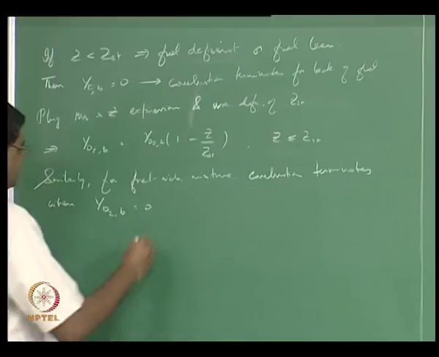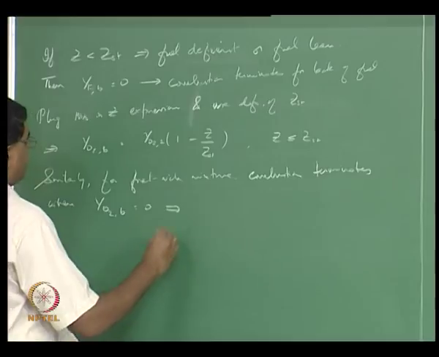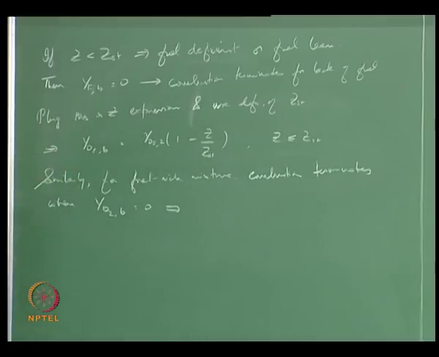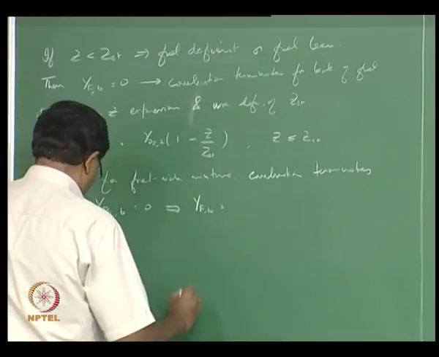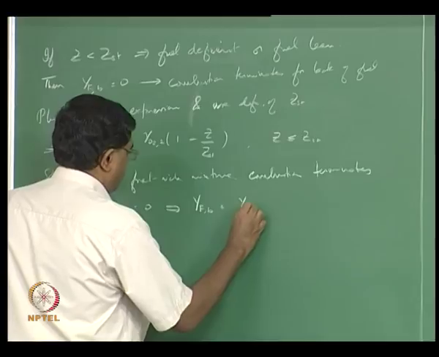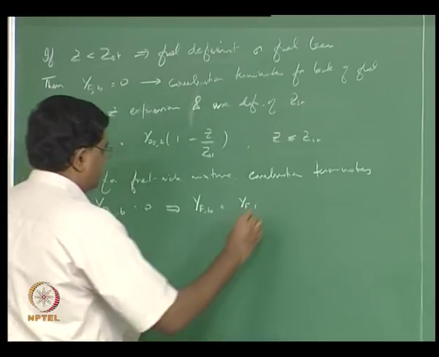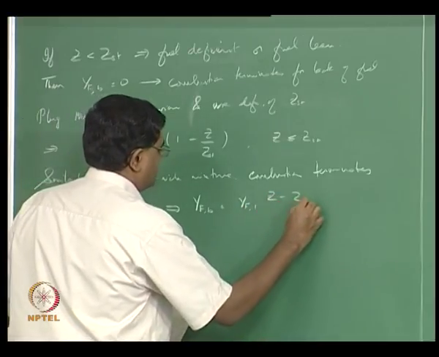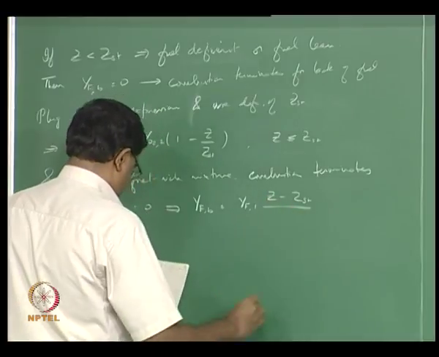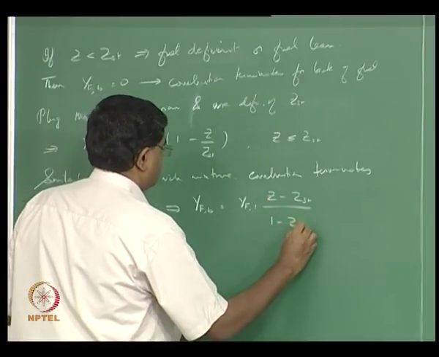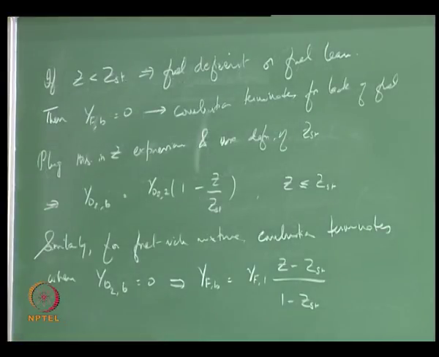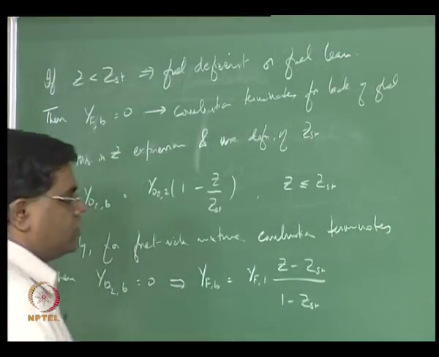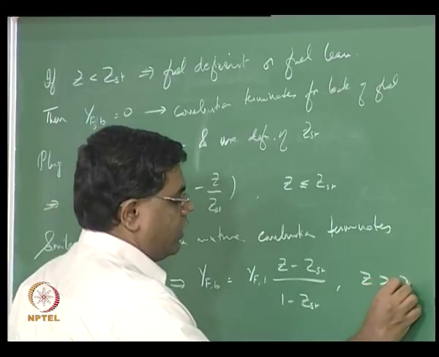So you now plug this in the expression for Z and rewrite for YFB. You now get an expression YF comma B equal to YF comma 1 times Z minus ZST divided by 1 minus ZST. And this is valid for Z greater than or equal to ZST.